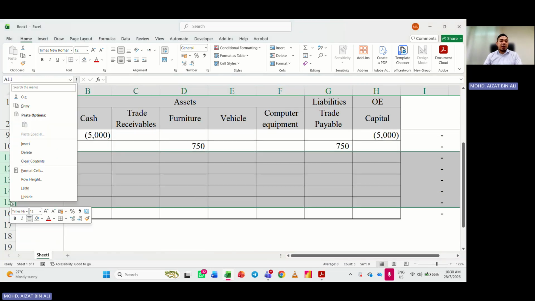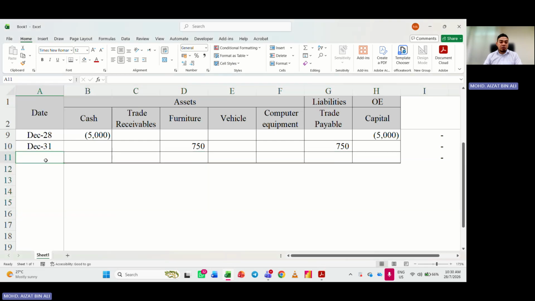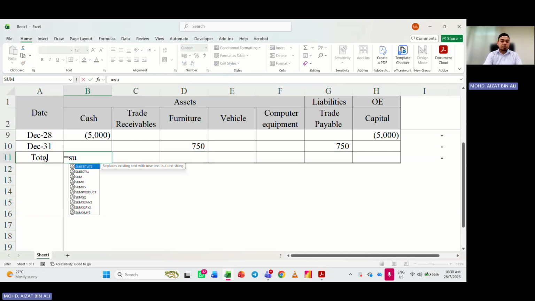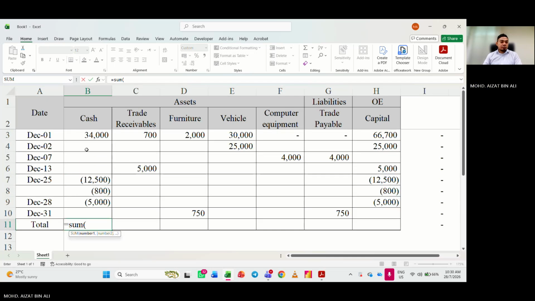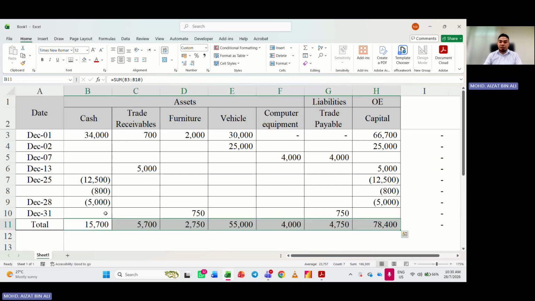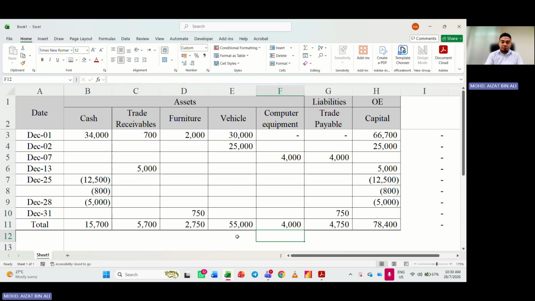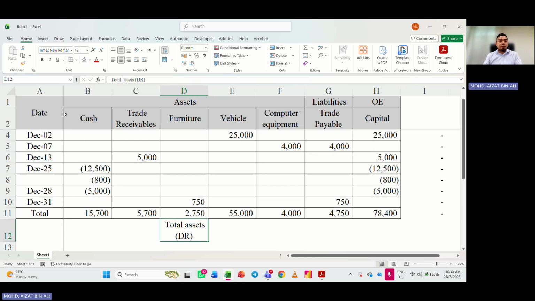Next, we have to total up all columns, so total amounts, and just apply the formula. Next, after that, we have to total the total assets, in other words, debit.